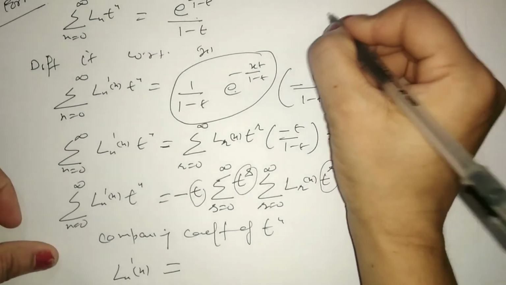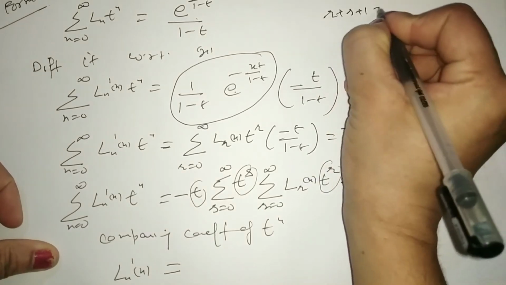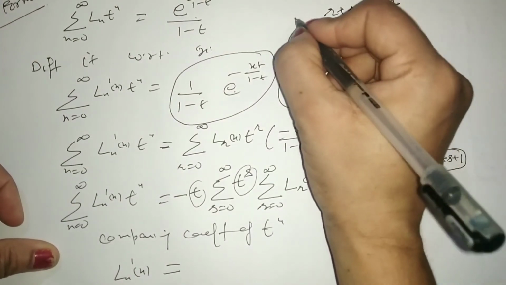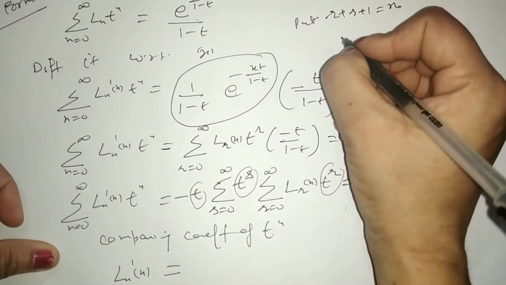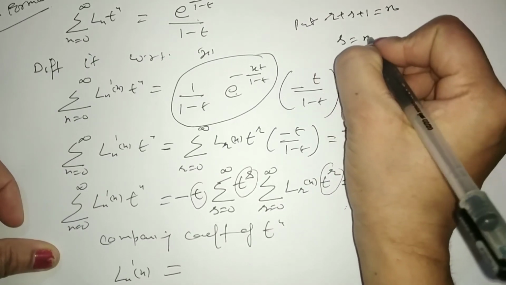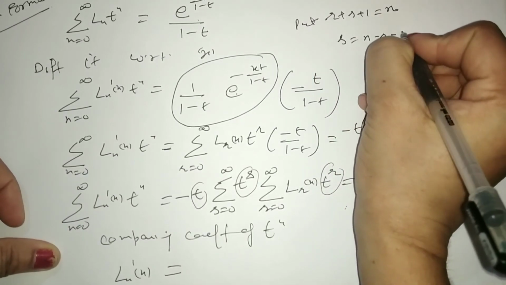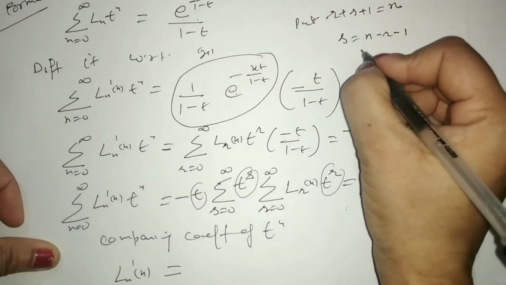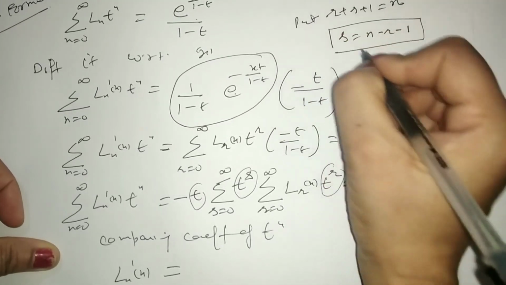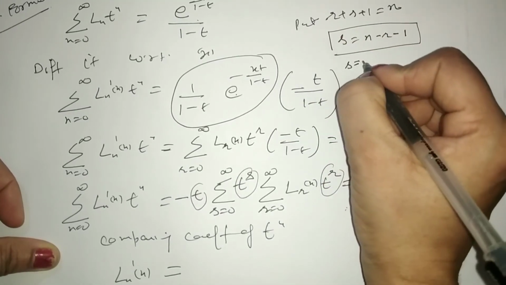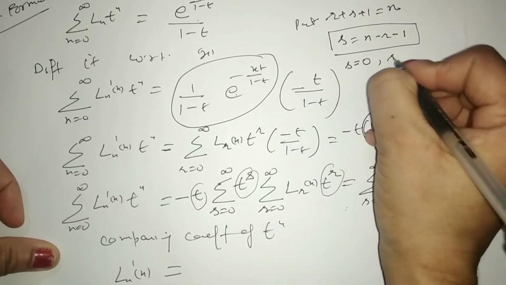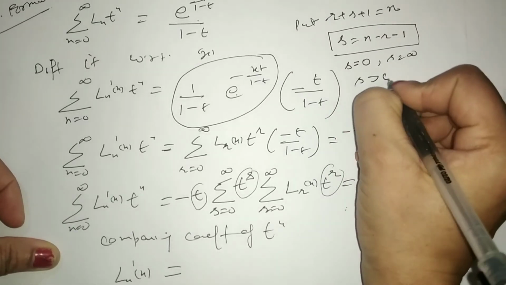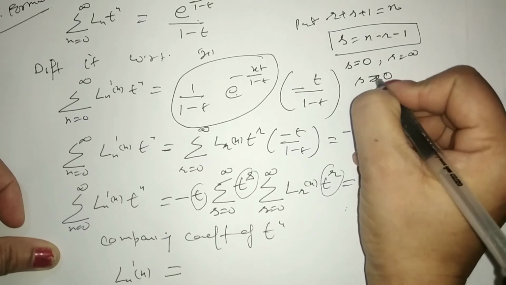So we need to put r plus s plus 1 as n. If we put this, then we get s as n minus r minus 1, right? So this is the value of s, and we know that s start from 0 to infinity, so s is greater than or equal to 0.